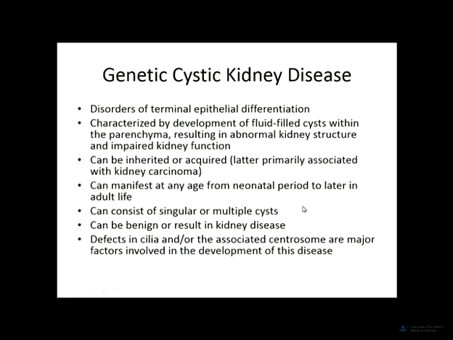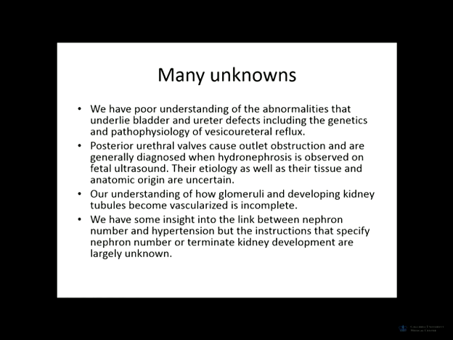You'll get a lecture later on cystic kidney diseases, and I'll just wrap up with a lot of the things we don't know. We have a poor understanding of the abnormalities that underlie bladder and ureter defects. There are a lot of genetics involved that we don't have insight into about the pathophysiology of reflux, posterior urethral valves.